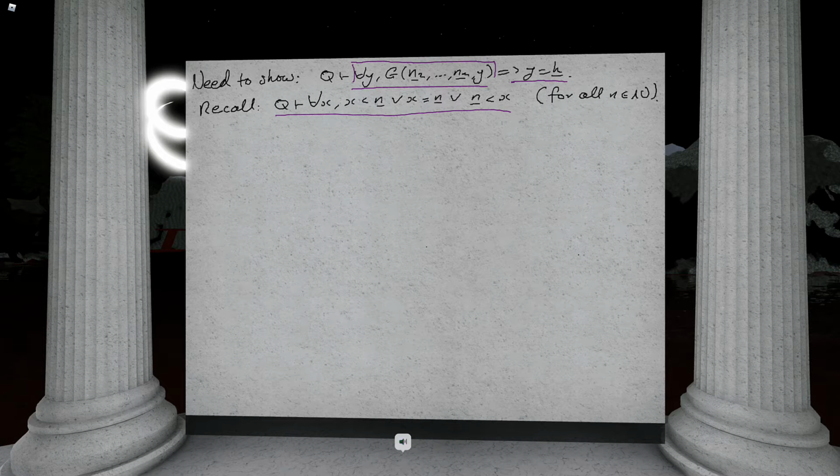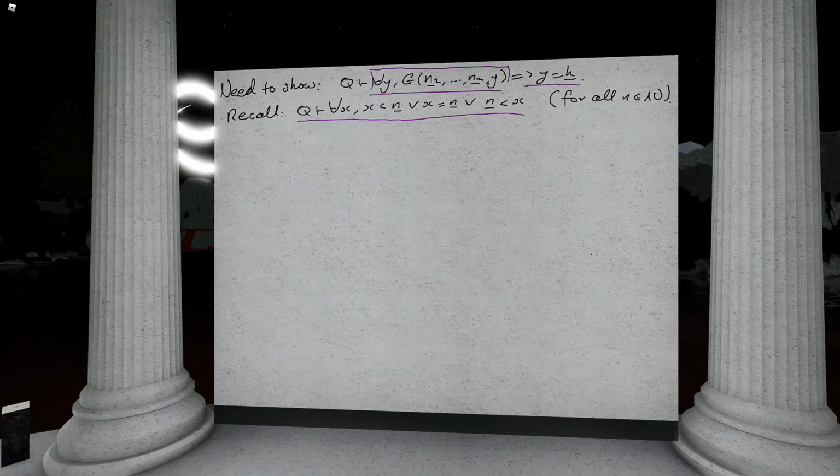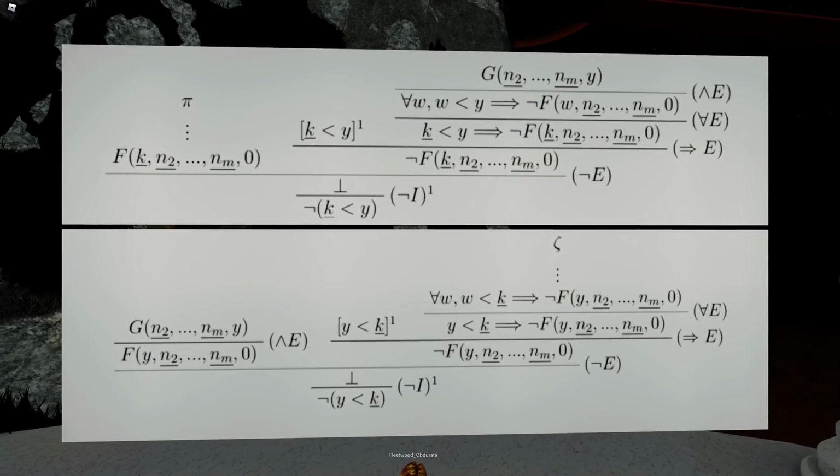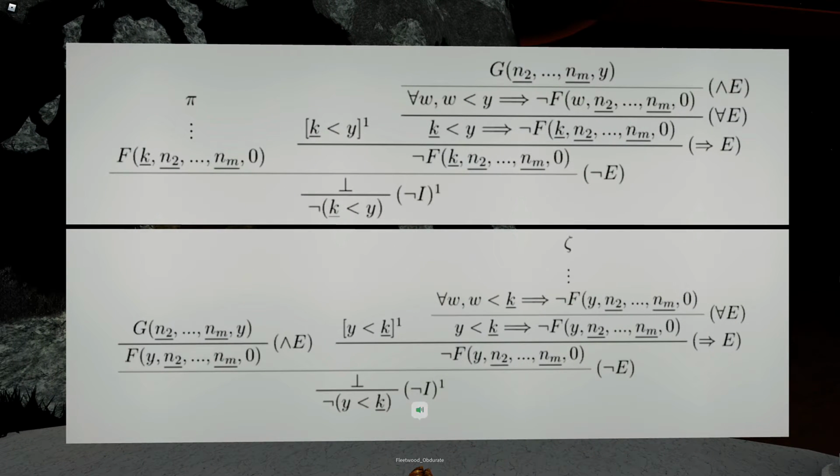Okay, so all I need to do is construct these proof trees, but that's pretty easy for us because they're already written out in this world. So let me lead you over to these screenshots over here. Okay, so we're looking at the top board to begin with.